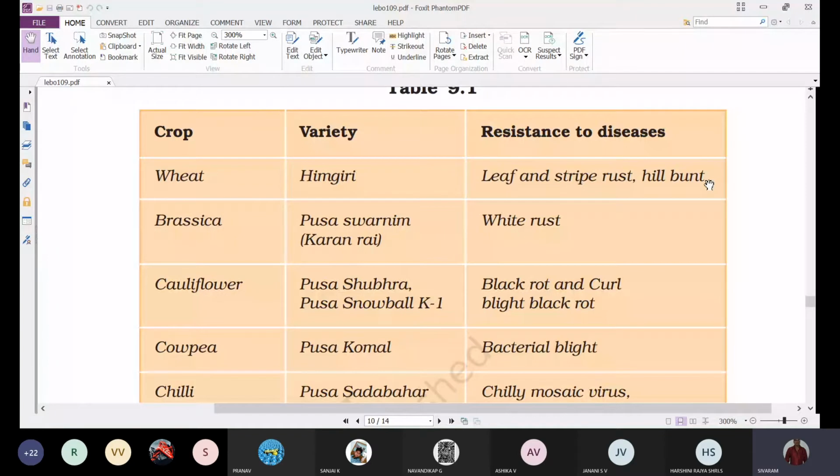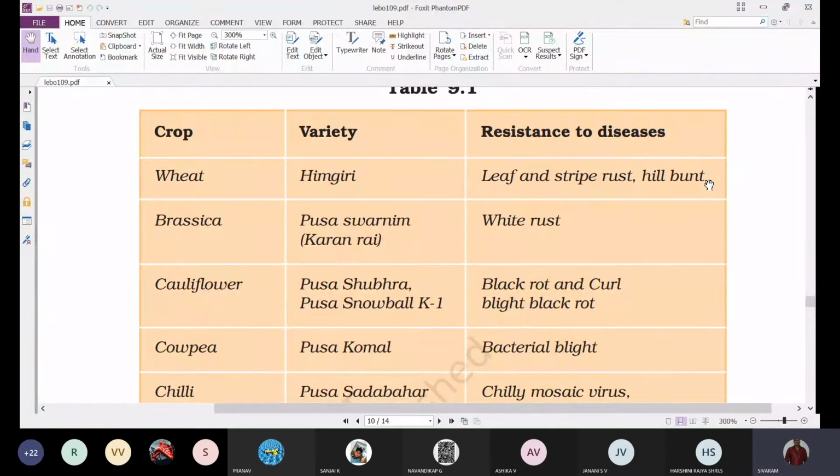The crop field appears like it is burning, so we call it hill burnt. Against these two diseases, leaf and stripe rust and hill burnt, we have developed resistance in this wheat variety, Himgiri.